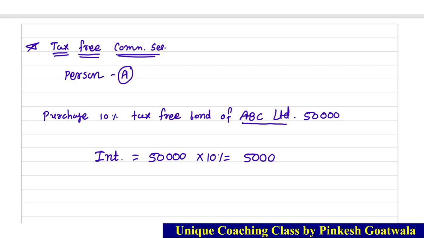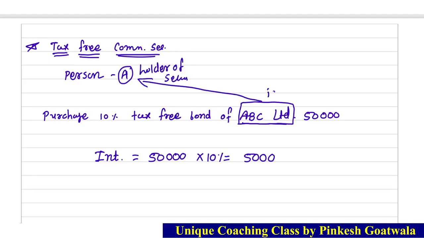So let's understand its meaning. What is a tax free commercial security? So here what happened? Whenever the company, here ABC Limited, or any authority who issued debenture, bonds or any security, gives assurance to the holder of that security.